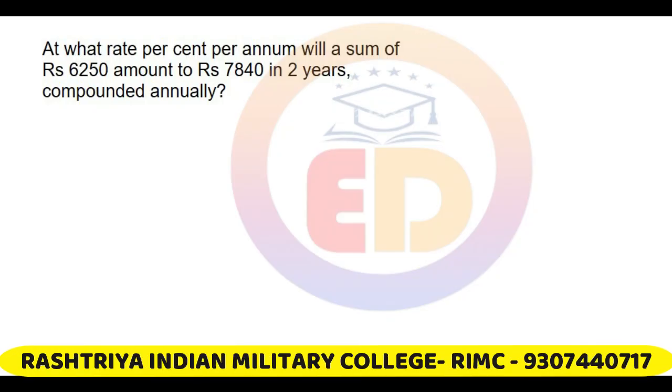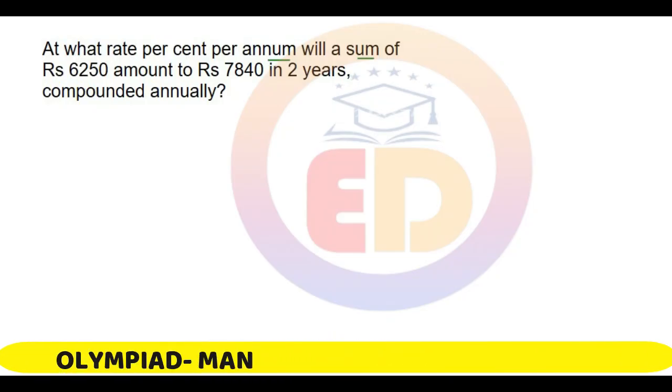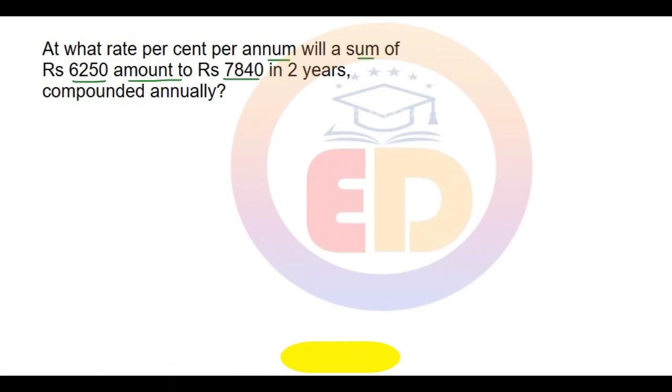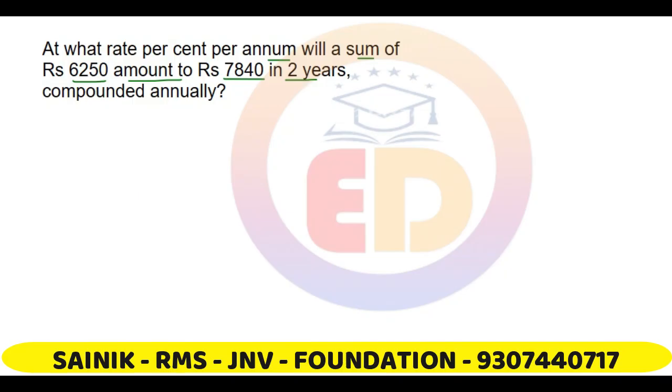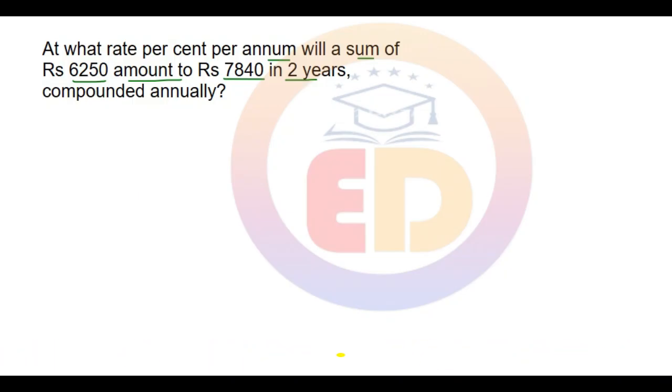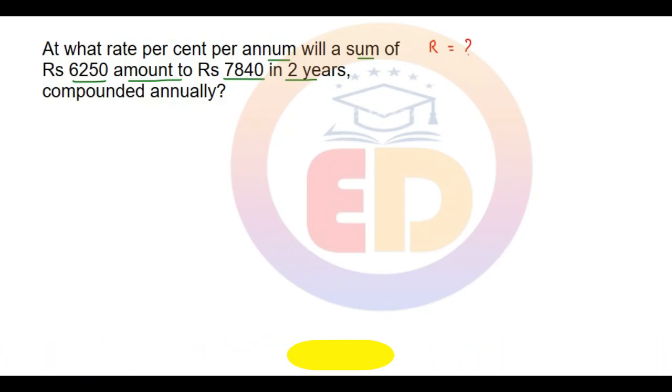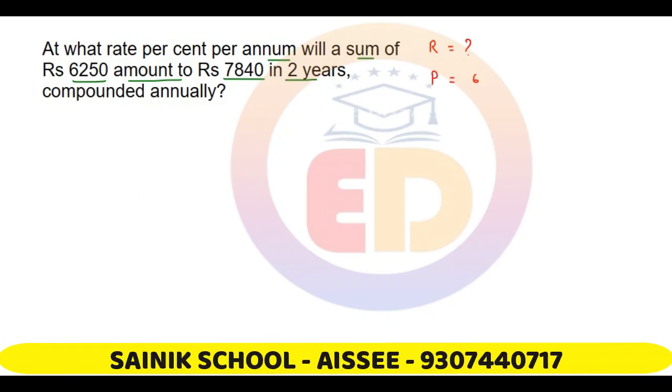Question says, at what rate % per annum will a sum of rupees 6,250 amount to rupees 7,840 in 2 years, compounded annually? In the question we have to find out the rate of interest. Principal amount is 6,250.